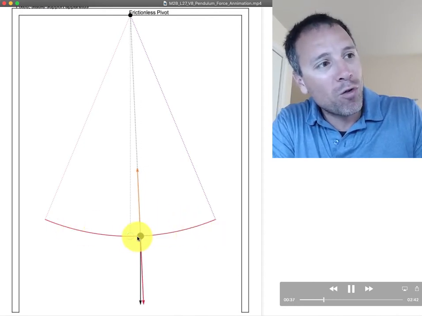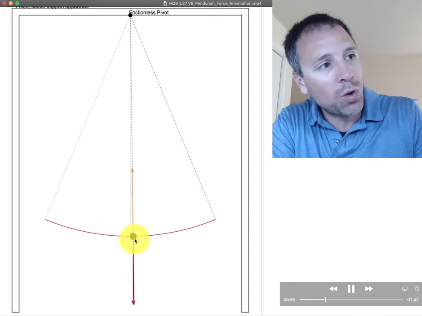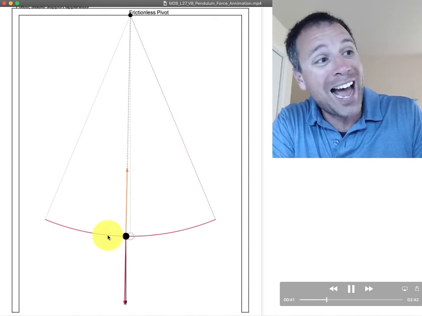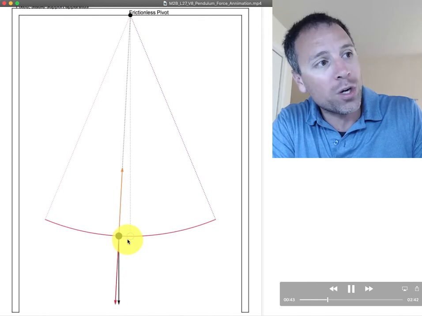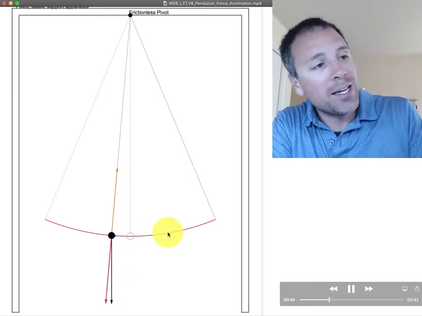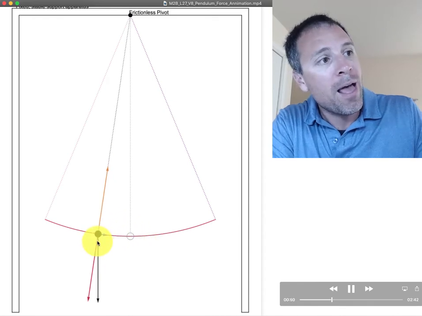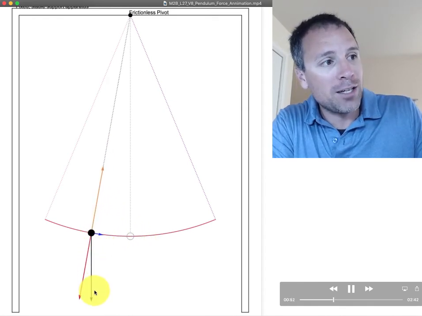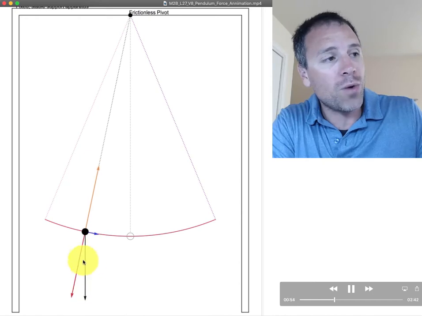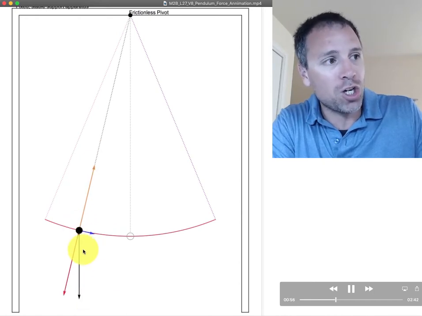And then the force of gravity in the tangential axis is the real force acting to bring that thing towards equilibrium. Now, because it has momentum, it actually moves past equilibrium. The force of gravity stays constant both in magnitude and direction. The direction never changes. It always goes down.